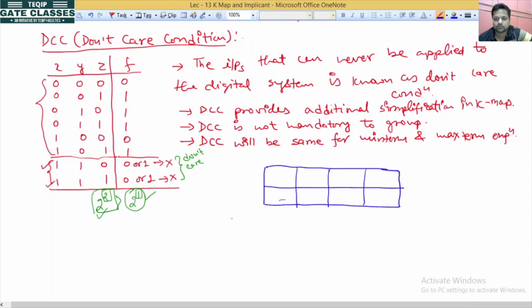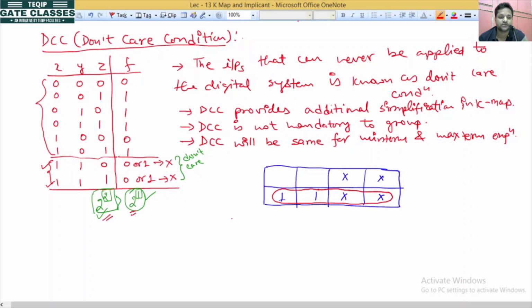Suppose I have this situation. When we go for grouping, you have to group this one, because you cannot group only these two ones. In that case your grouping is small, but when you get these four cells together, it will make a quad.